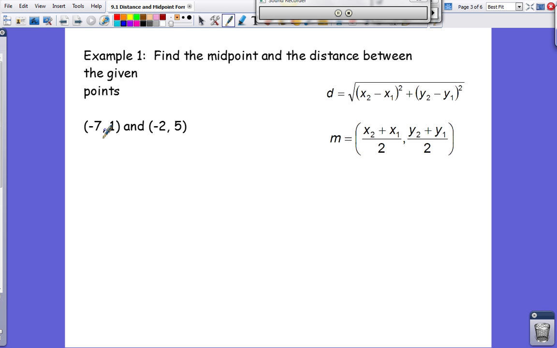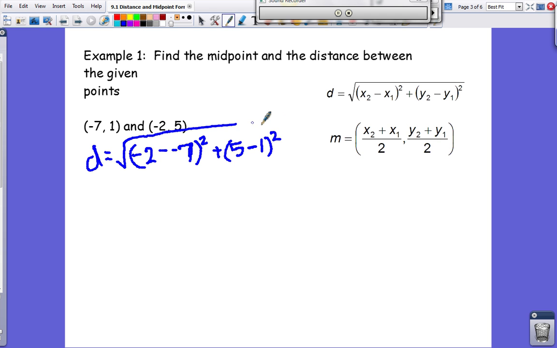So when we start off, the distance equals, we've got to take the second x, which is -2, minus the first x, which is -7. And we're going to square that quantity. And then we're going to add, we take the second y, which is 5, minus the first one, which is 1. And then we're going to square that. And then we have to take the square root of that.